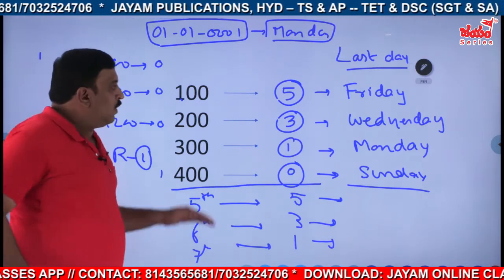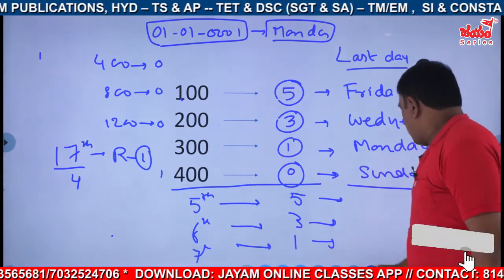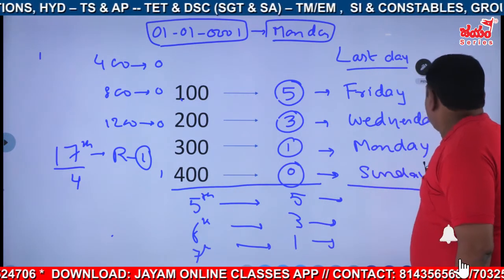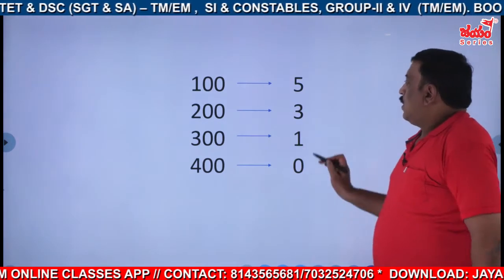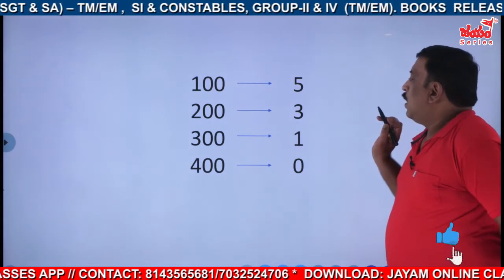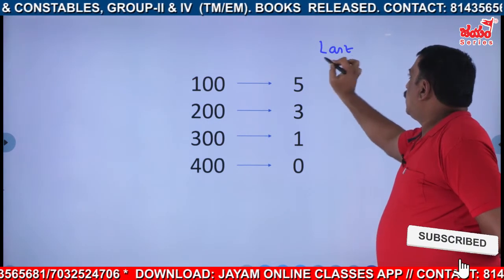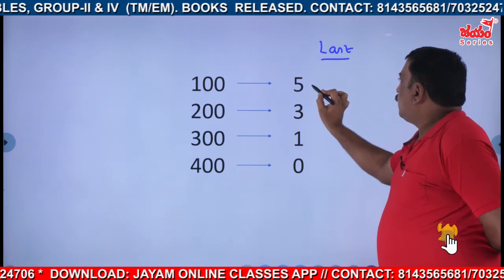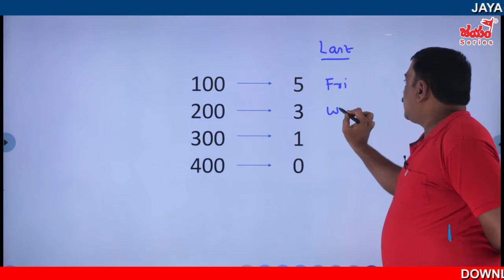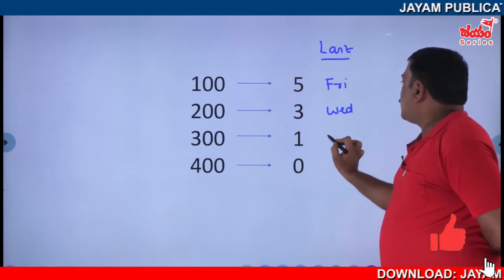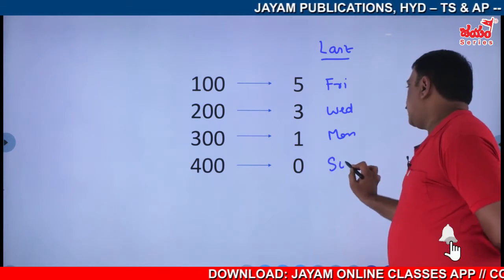Now I will make a new table. You see, 5 means Friday is the last day. 3 means Wednesday is the last day. 1 means Monday, and 0 means Sunday.